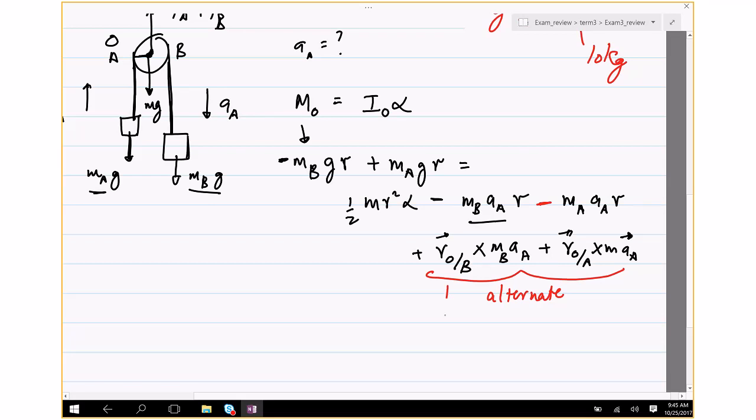This is R in the I direction, and this is MBA in the negative J direction. So I cross J is K, so it's going to be minus K, which means that this is going to be negative as shown here. Similarly, this is going to be negative. They're both negative, right?